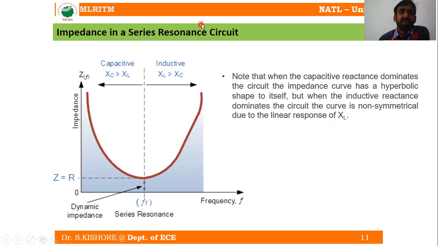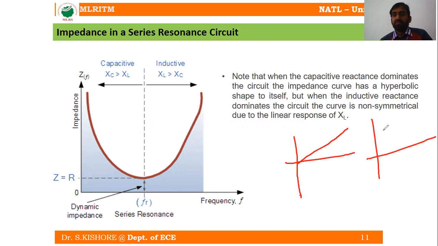In the previous slides we have seen it. We have plotted the inductive reactance, which is a linear response, and we have plotted the capacitive reactance, which has a hyperbolic shape. Here this portion is more capacitive and this portion is more inductive. You can observe this when you are plotting the total impedance value.